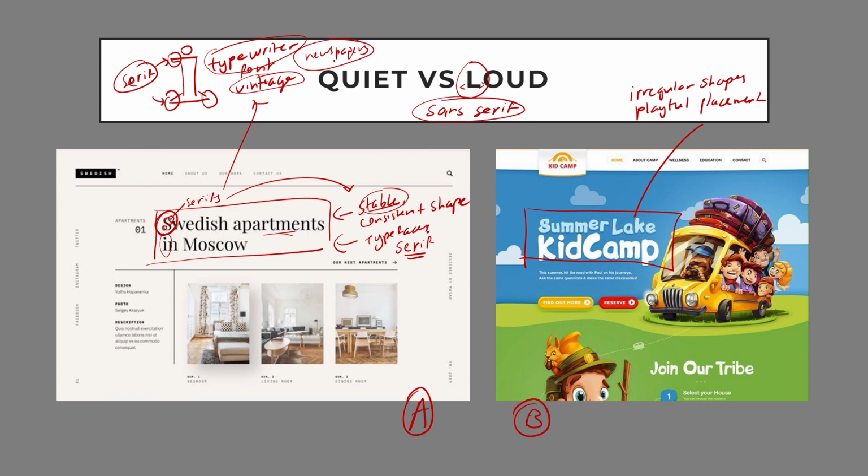So they feel old, more reliable. If a serif has a personality, it's like a responsible adult, like a professor, or a really old-timey kind of guy or girl.